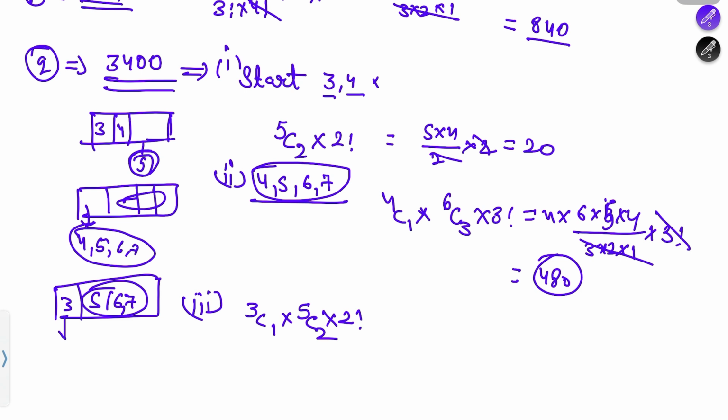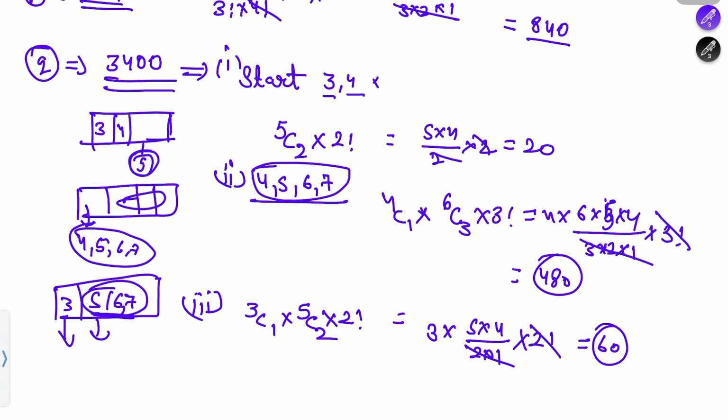First digit is 3 and the second digit can be any one of 5, 6, 7, and the remaining is the 5. So according to this, 3 into 2 into 1 divided by 2. Okay, 3C1 is only 3, and 5C2 is 5 into 4 into 2 into 1, and 2 factorial, so 2 factorial and 2 factorial cancel out, so only 60.